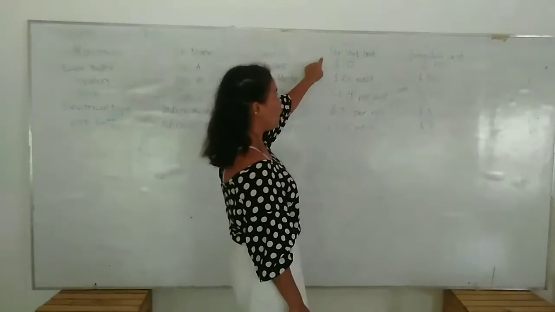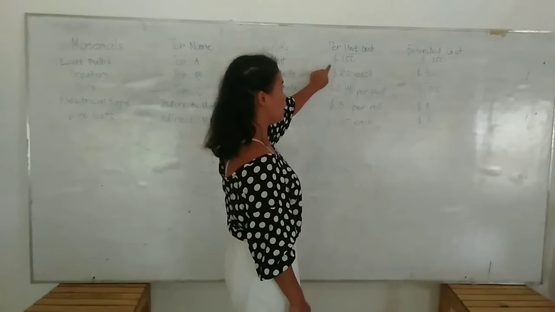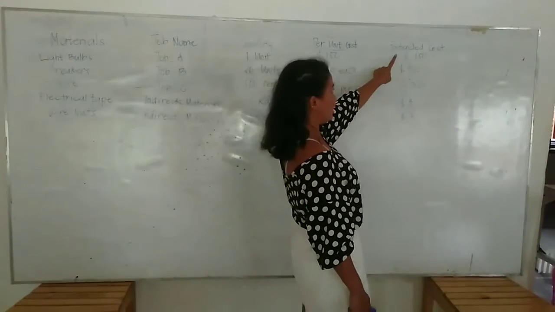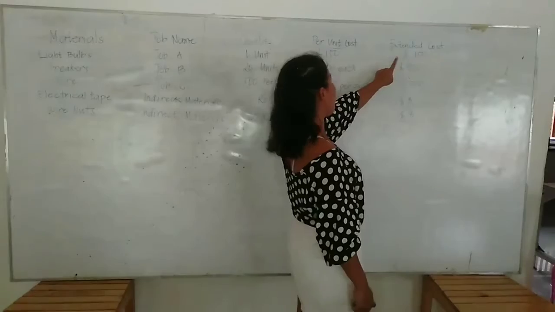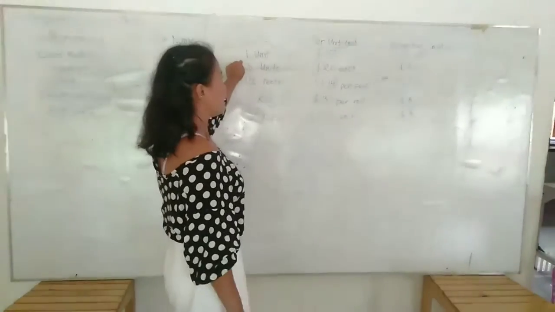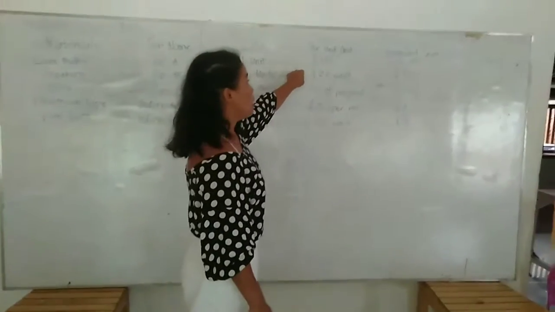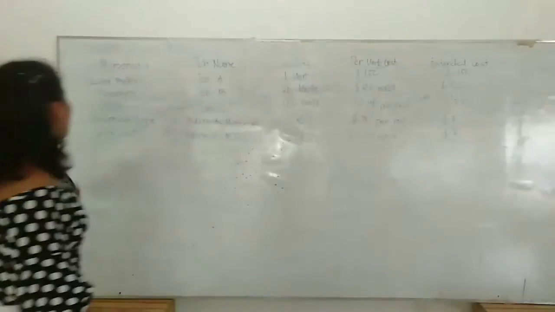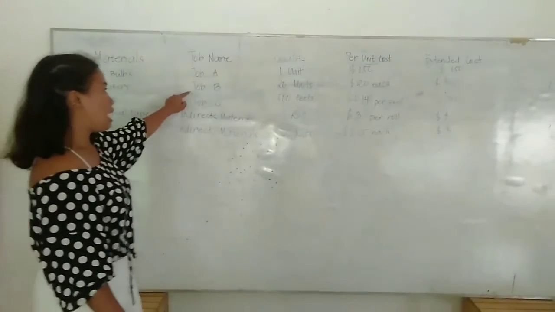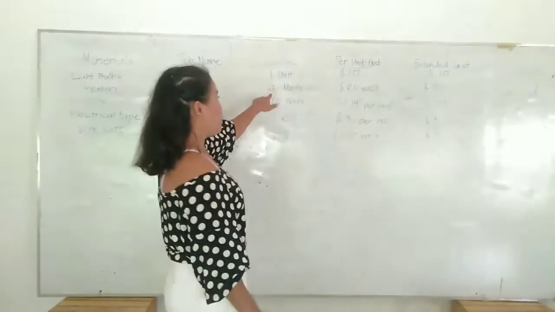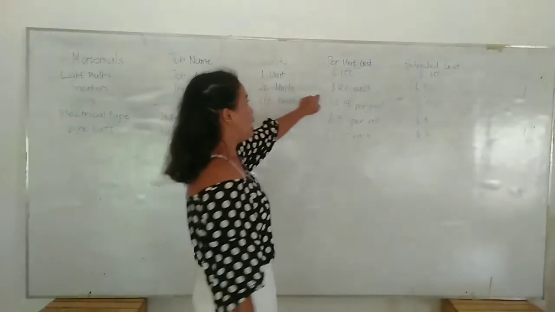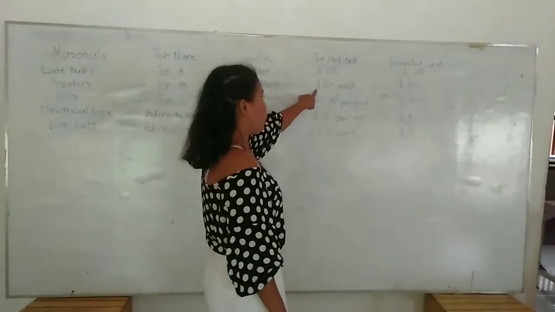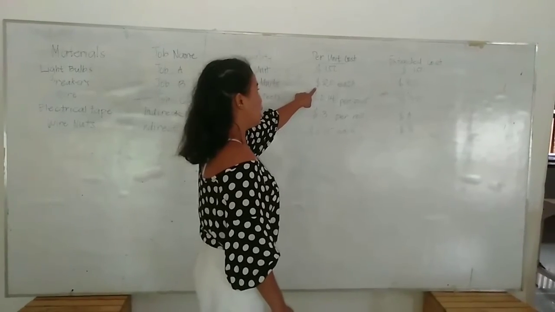Per unit cost is $150. Standard cost is $150, 1 unit times 150 is equal to 150. Breakers, job B, 20 units. Per unit cost is $20 each.